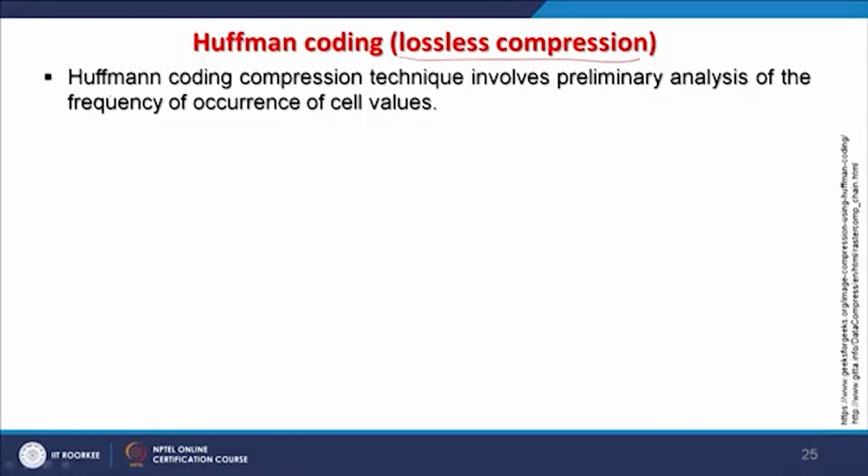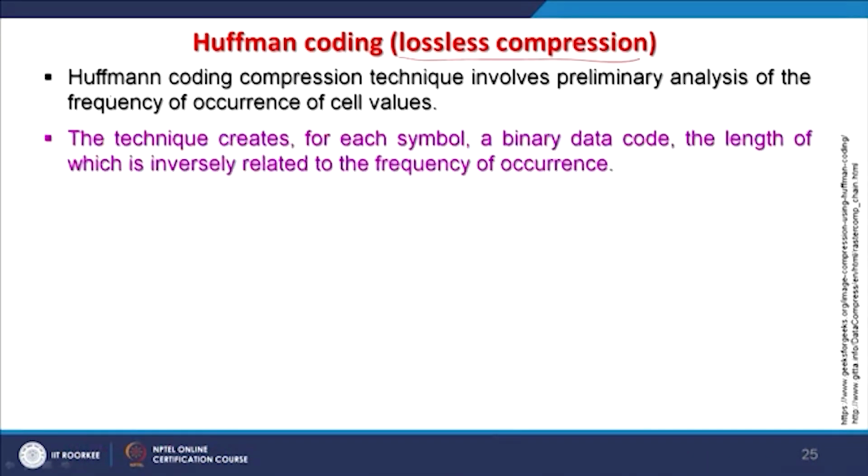So in this Huffman coding compression technique involves preliminary analysis of frequency of occurrence of cell values. Every technique first will analyze the image. As soon as it is given to the system, it will analyze, and accordingly, whatever option you choose, it will do the next step. So here also it is analyzing the frequency of occurrence of cells, how frequently the same value cell is appearing.